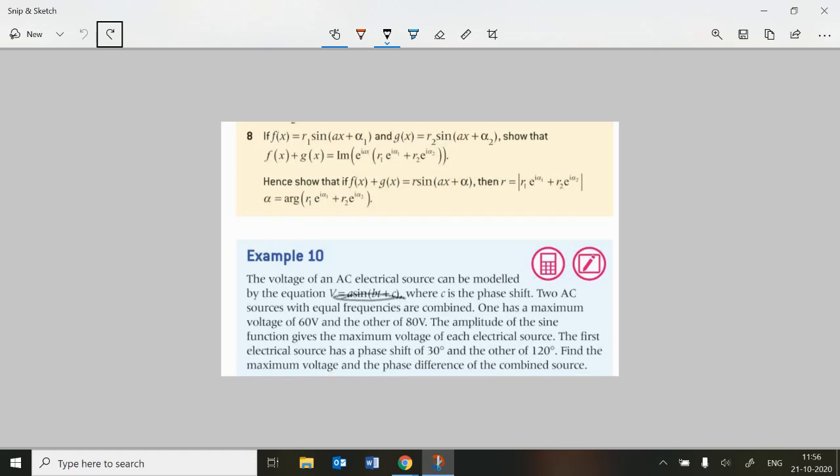Okay, so there's your V for the first one. This is voltage. And it says C is the phase shift. That's how it's being defined to be. And two AC sources with equal frequencies, so the B is the same, are combined. One has a maximum voltage of 80 volts. Okay, so when we're thinking about this sine function, maximum here is 80.